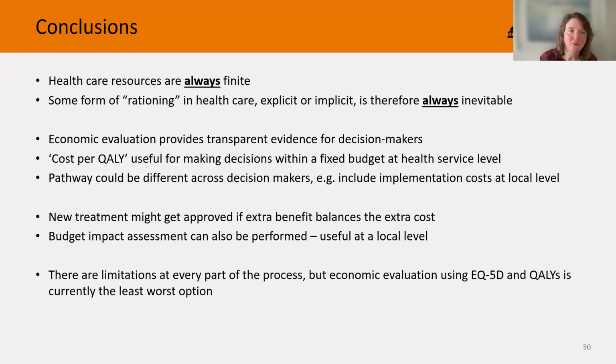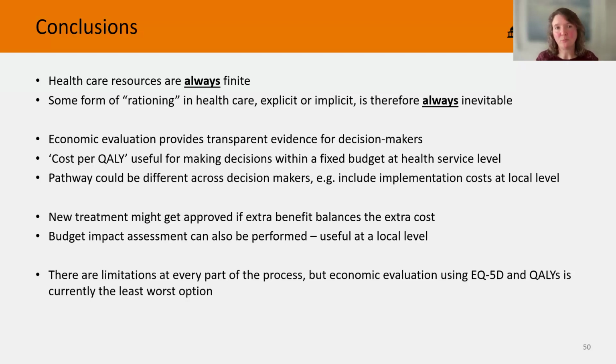That's because these resources are finite. Time and money is finite, even in healthcare systems that have different organisations to themselves. They still have finite resources. So there's always some form of rationing.